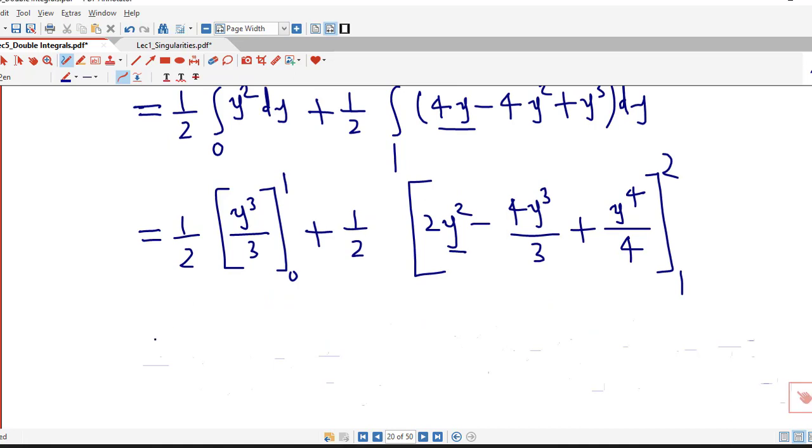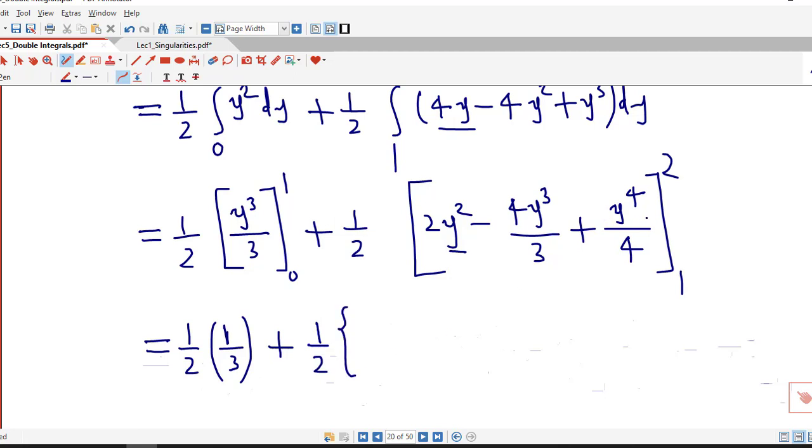So now we put the limits. Here upper limit for y is 1, so it is 1 raised to 3, that is 1 divided by 3, and lower limit is 0, so this is only 1 by 3 plus 1 by 2.